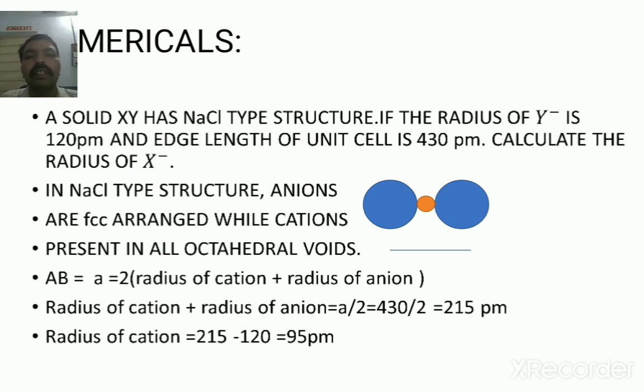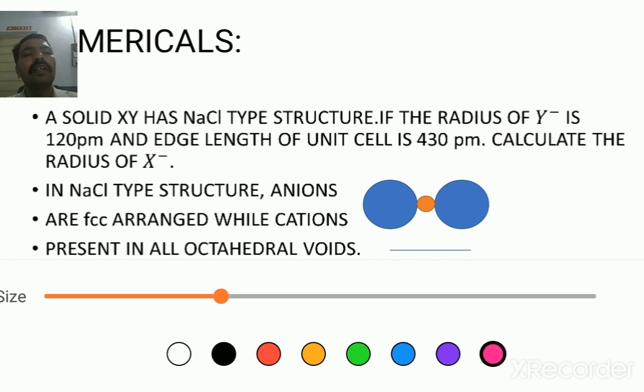In NaCl type structure, anions are arranged FCC while cations are present in all the octahedral voids. Both are constituent particles and make the FCC arrangement, because NaCl type structure means the FCC arrangement.